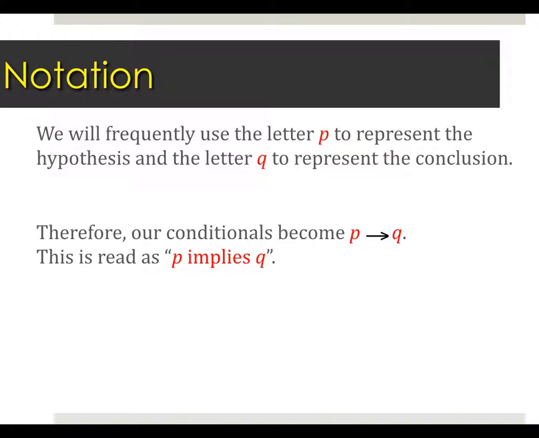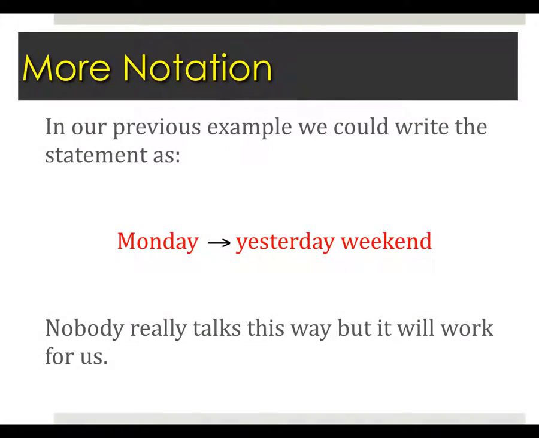So this means P implies Q. Now, what P and Q are is up for discussion, depending on the problem that we're working on. So for instance, I could rewrite that last statement as Monday implies yesterday weekend. It's not the best English in the world, but it gets the job done.